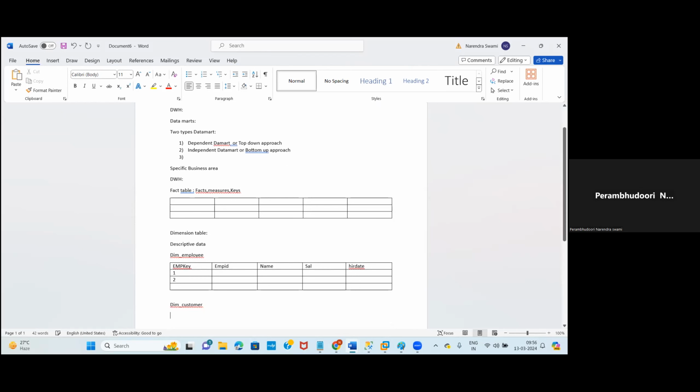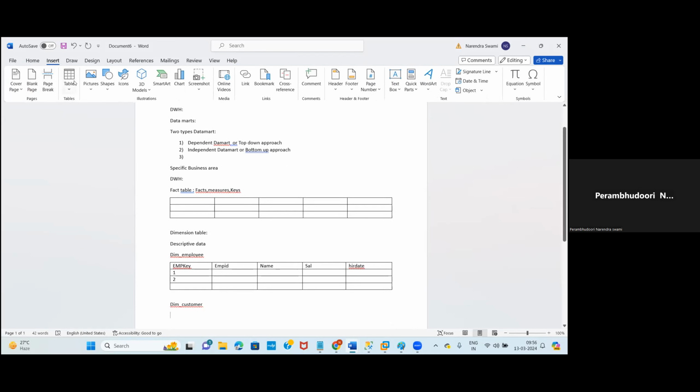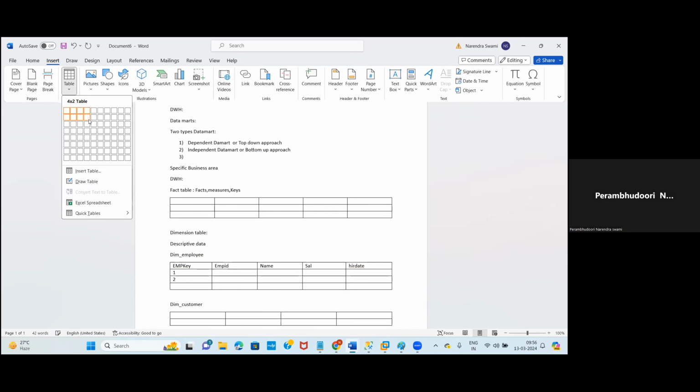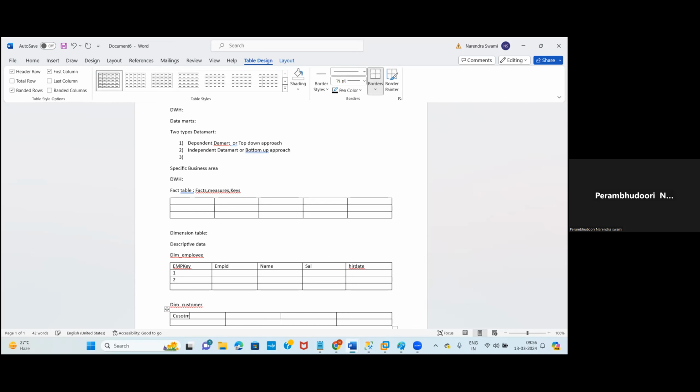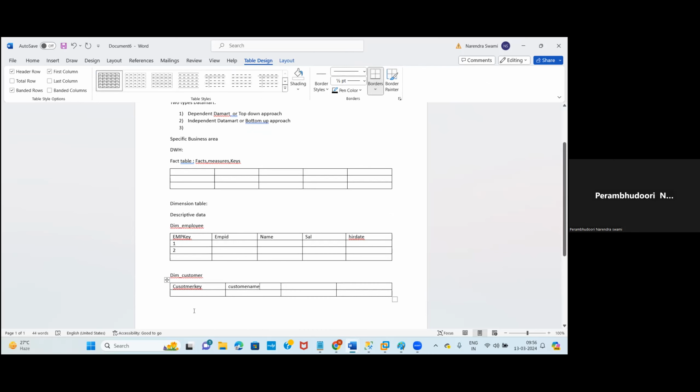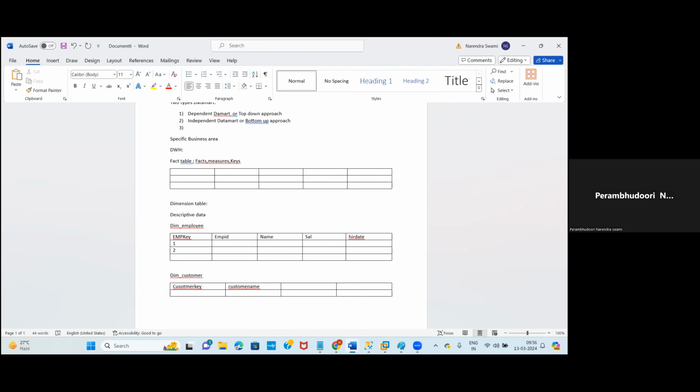This customer table has data like customer key and customer name. And I also have one more table, dim account.